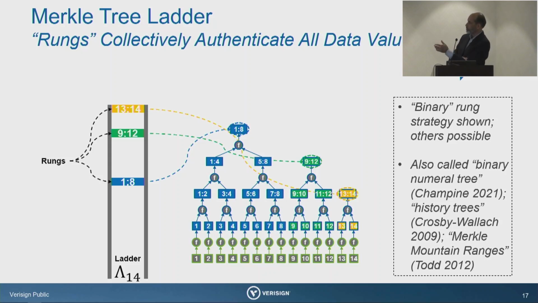And as new data values or messages are added to the right, then new trees are built on top of them. Once you reach the same height for two adjacent trees, they're merged together, and so on. We call this binary rung strategy. There's other terms in the literature, like the binary numeral tree, history trees, Merkle mountain ranges, and so on.